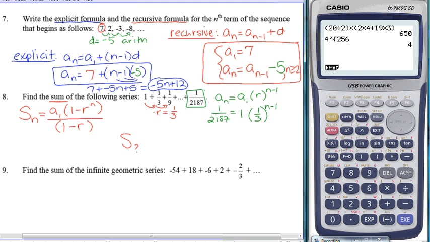Well, probably the easiest way for me to solve this is to just do a little guessing and checking on my calculator. If I have 1/3 and I raise it to the 3rd power, that's 1/27th. That would be the next item in our series. How about if I do 1/3 to the 4th power?